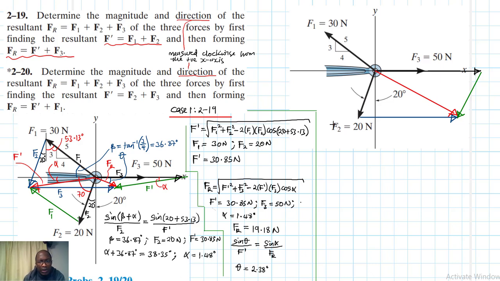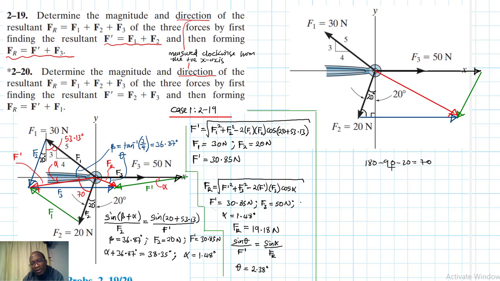Of course, we know that this is 20 degrees, and if this was made a right angle like this, then this would be 180 minus 90 minus 20, which is 70, right?